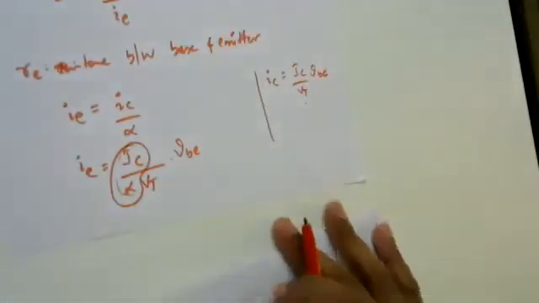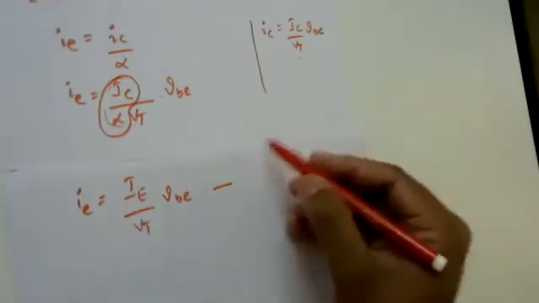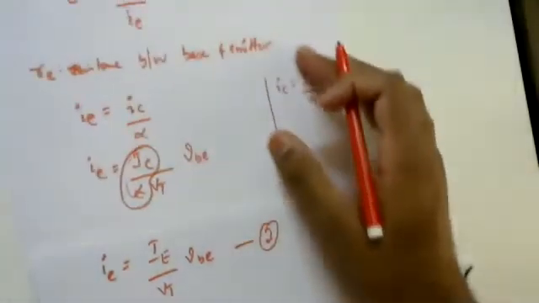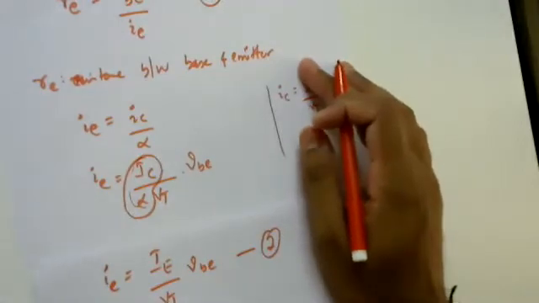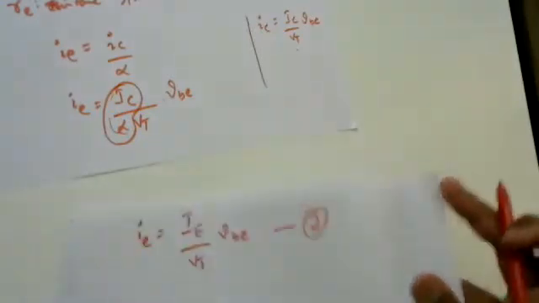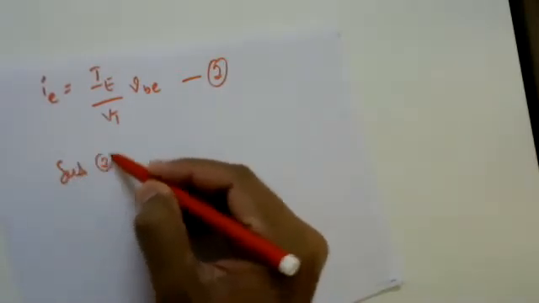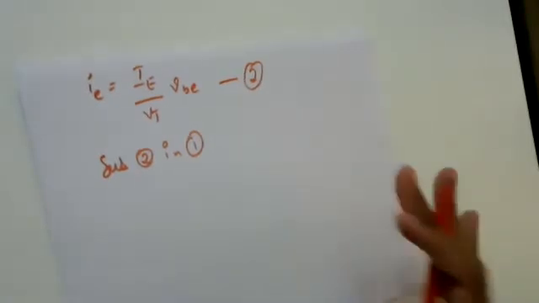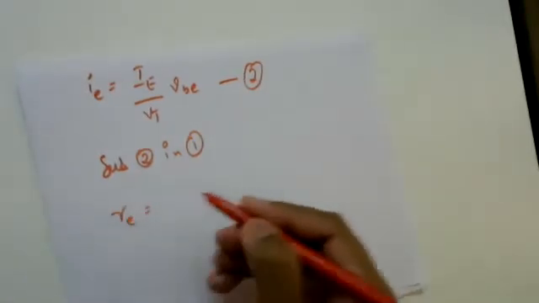Then if I substitute the value of this IE, let me call it expression number 2. If I substitute expression 2 in expression 1, what will I get? Substituting equation 2 in equation 1, I'll be able to get the equation for Re.